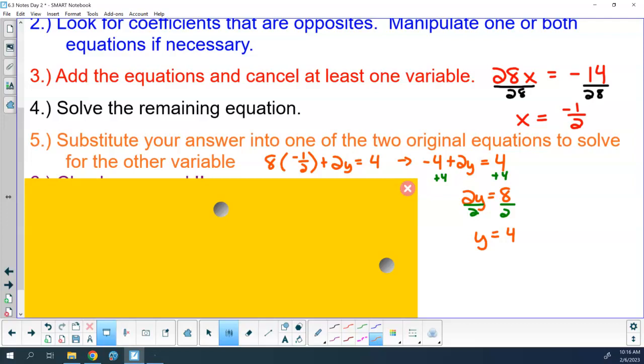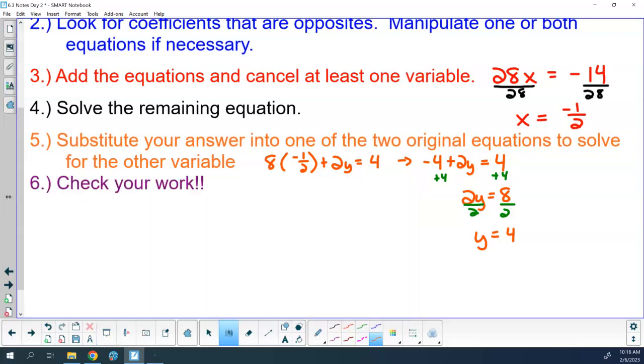Now we're going to check our work to make sure that we're done. And how are we going to write our point? In point form. So what would the point form of this one be? Negative 1/2 comma 4, with parentheses. Okay?